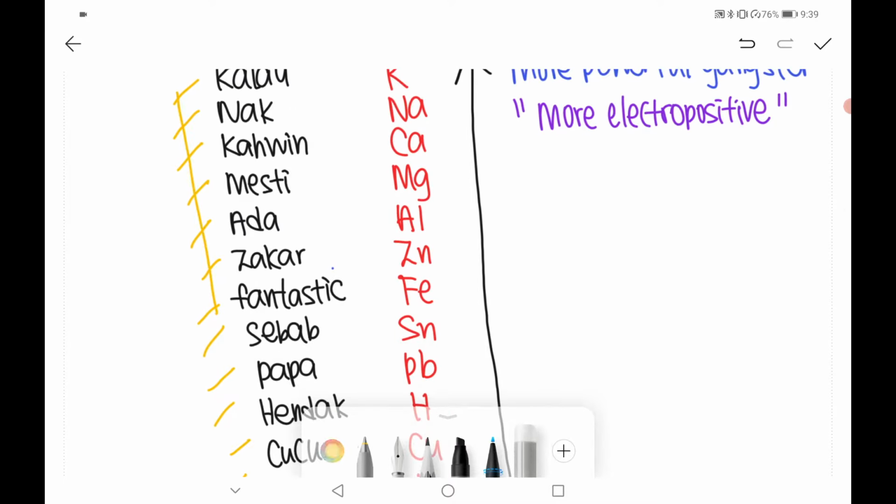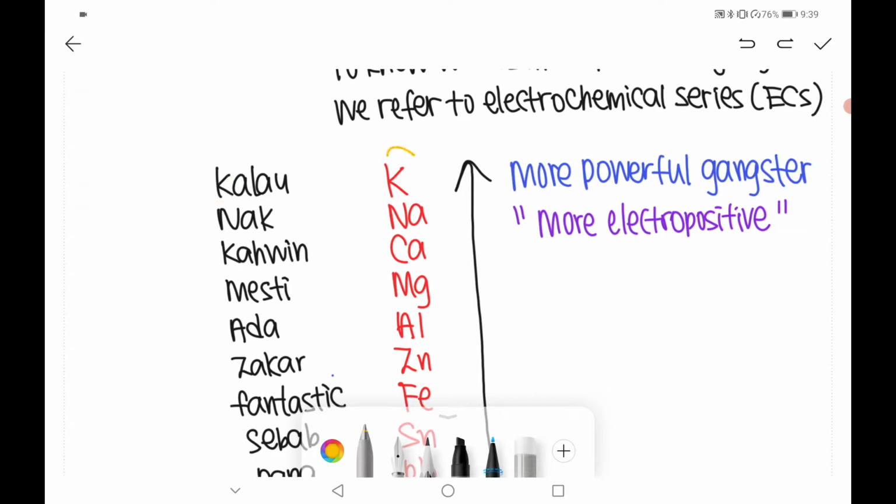The K stands for potassium, the N stands for Na, sodium. The K, the Ca, the kawin, calcium. M is magnesium, the A here is aluminium.